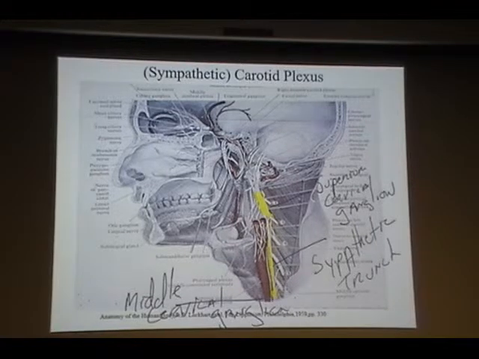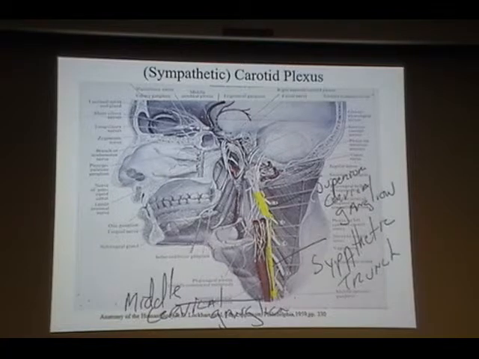Now, it's interesting because if you remember when we were in the thorax, we talked about the cardiac plexus. And the cardiac plexus was a merging of parasympathetic fibers pretty much coming from the vagus nerve preganglionics and the sympathetic nerves coming from the thoracic spinal cord, okay?